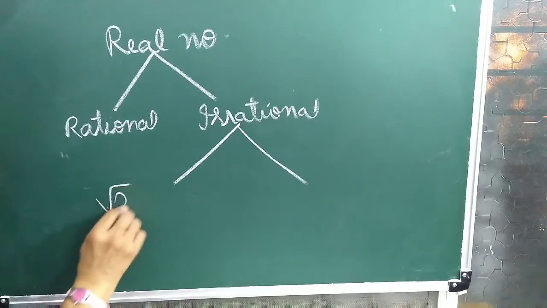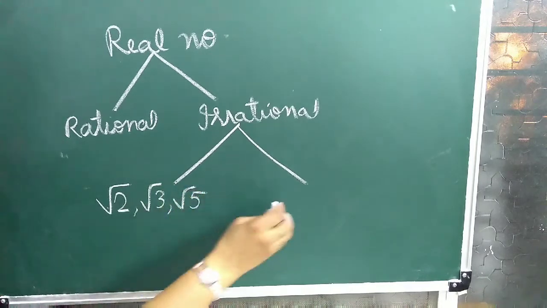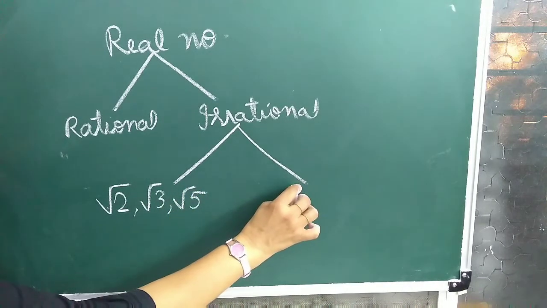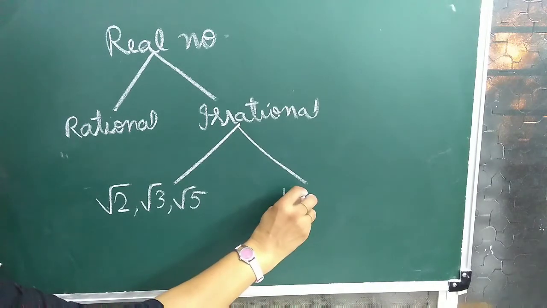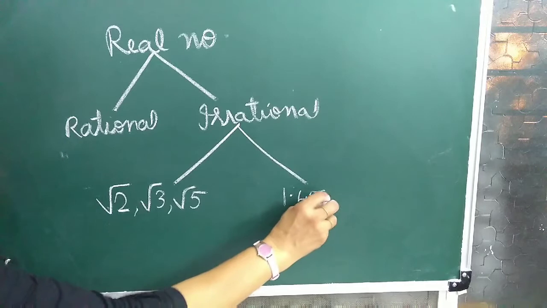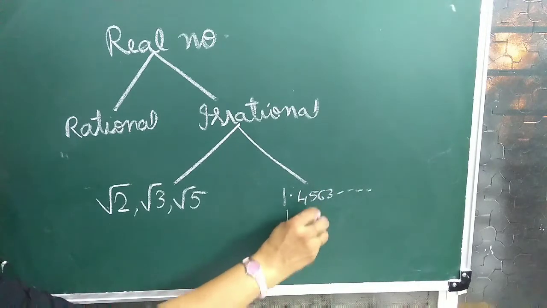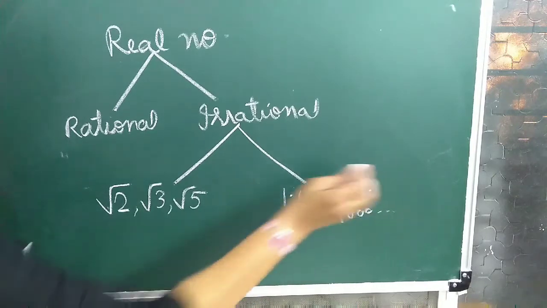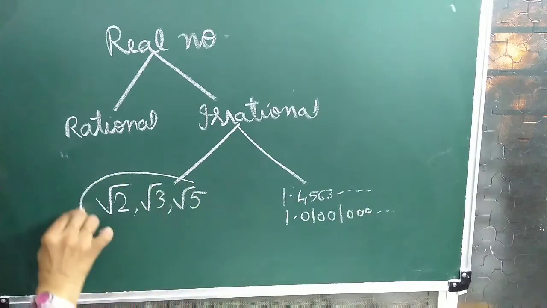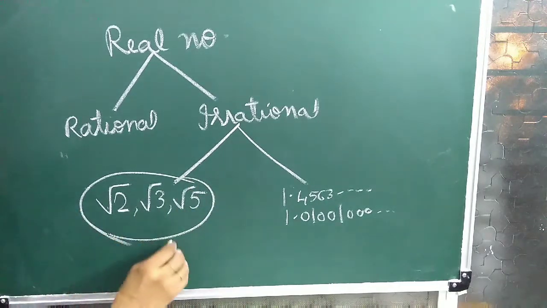First are root 2, root 3, root 5, and second are non-terminating, non-repeating decimals like 1.4563 and 1.01001000 like that.